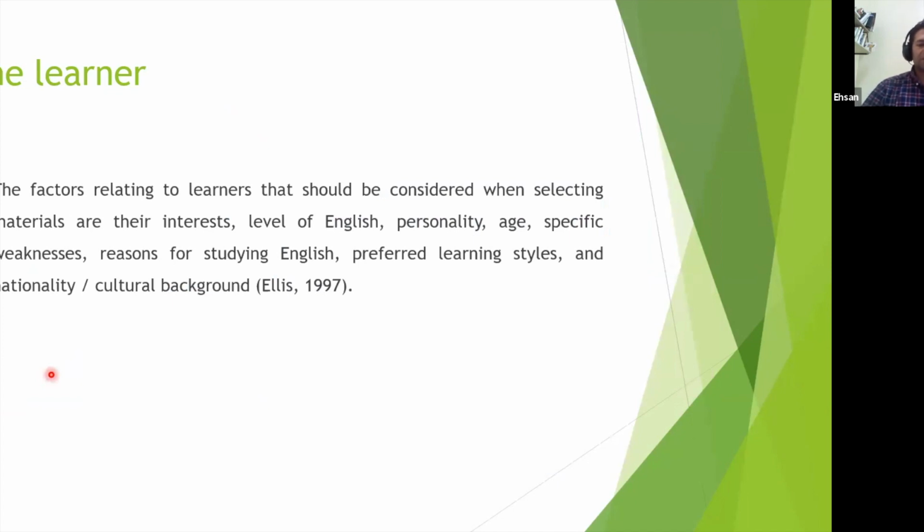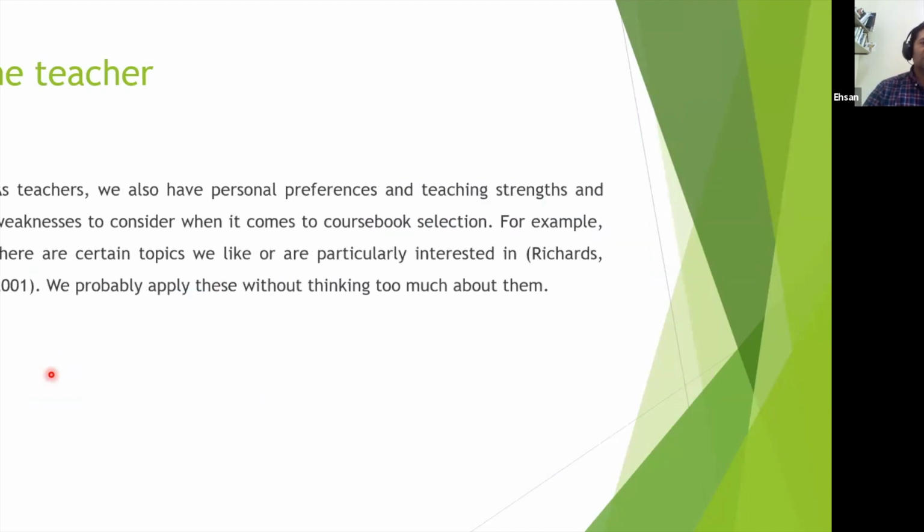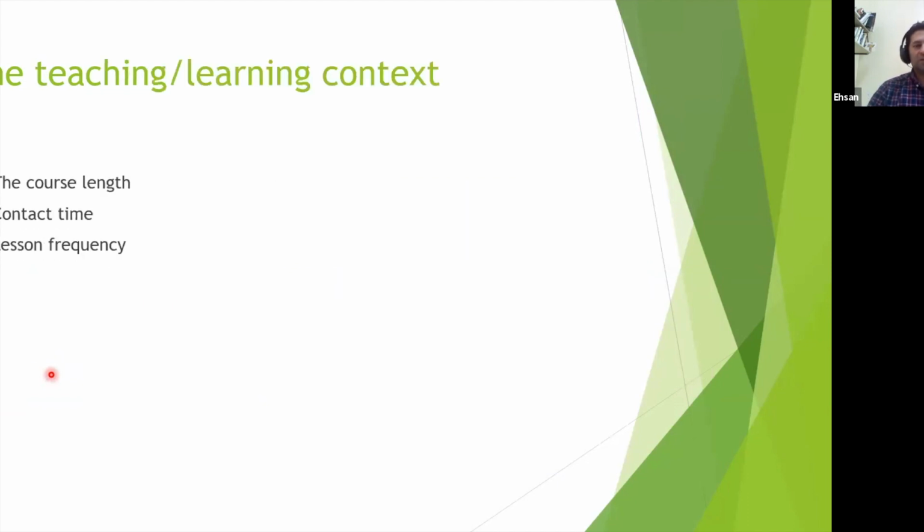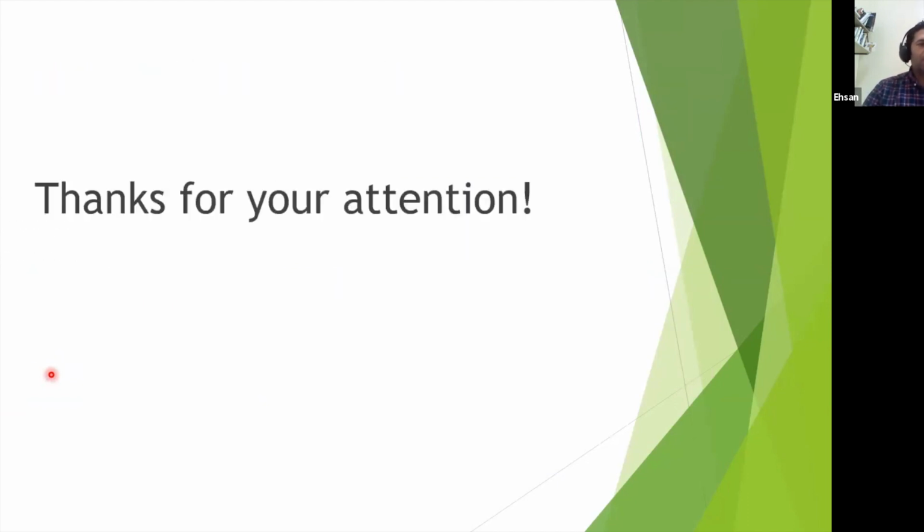The other elements include the learners, the teacher, and the learning context. I hope you enjoyed this topic, and thank you very much for your attention. If there are any questions or any points, I would be happy to listen.